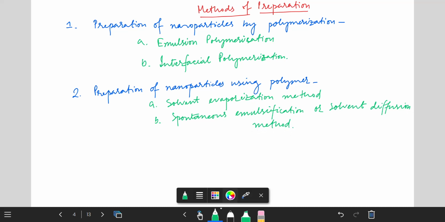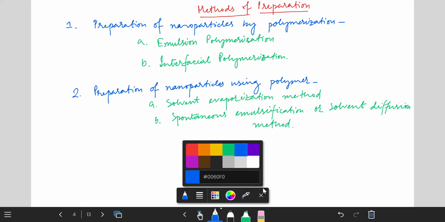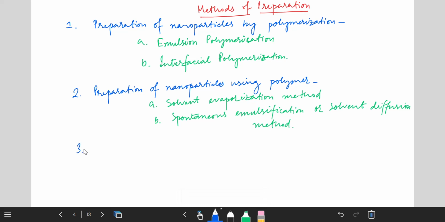Now the third method is ionic gelation or coacervation of hydrophilic polymer.